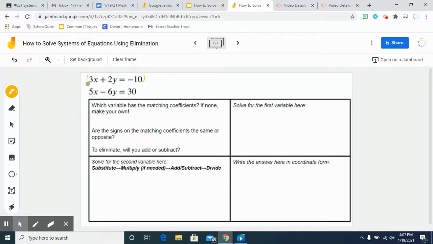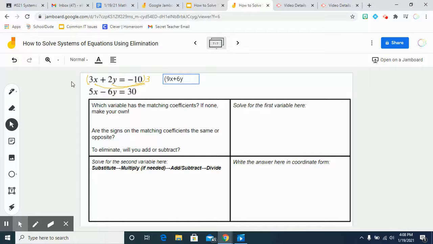So I'm going to put some parentheses around this and multiply it entirely by 3. And we use distributivity, do that 3 times each term on the inside. So I'm going to rewrite that over here. We've got 3x times 3, which is 9x, 3 times 2, which is plus 6y.